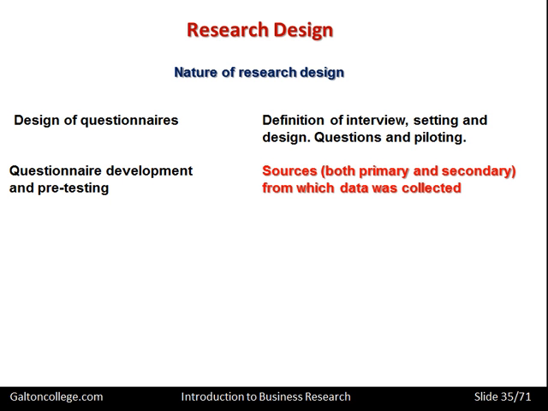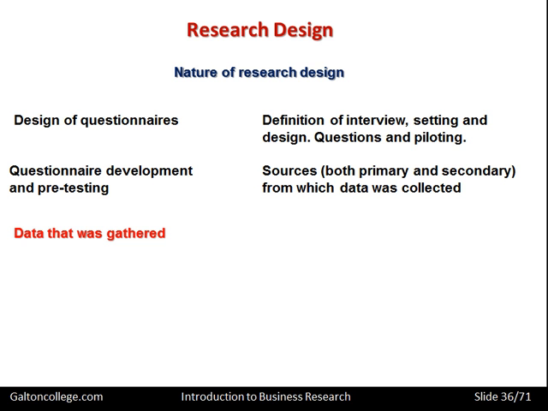But pre-testing, piloting the survey, is very important because it shows up any issues in the work and helps to clarify the questions and also make sure that the sequence of the questions is correct. So generally speaking, pre-testing is very important.